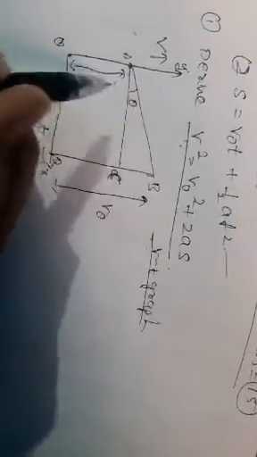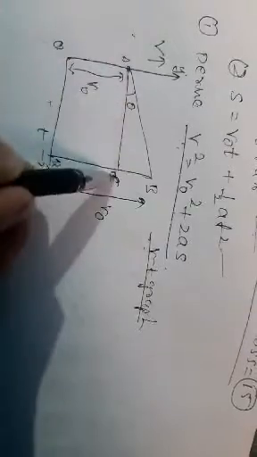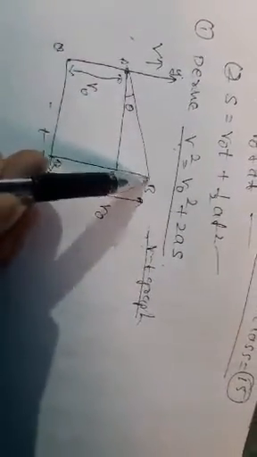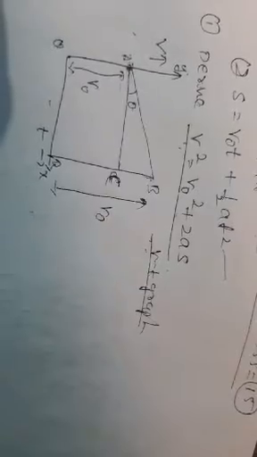Theta is the angle between the time axis and the tangent line, that is, between the slope of the line AB and the time axis AC. This is the velocity versus time graph.